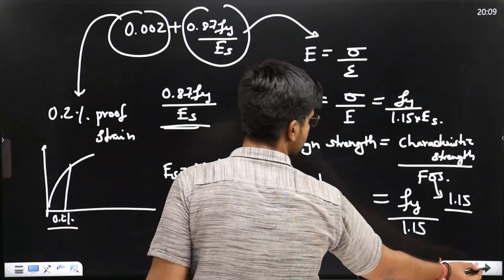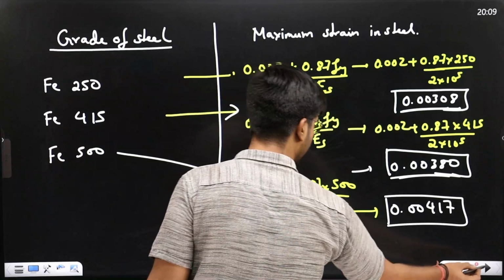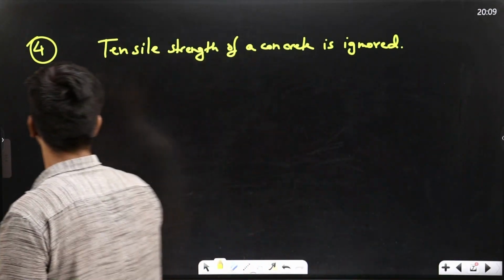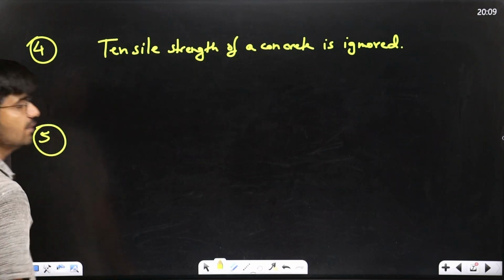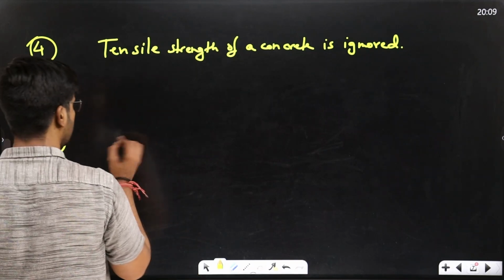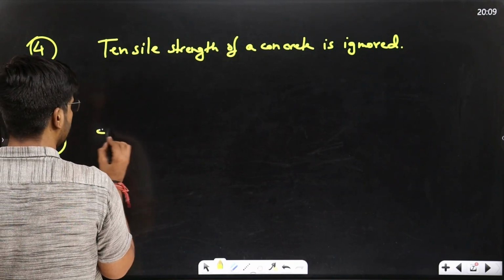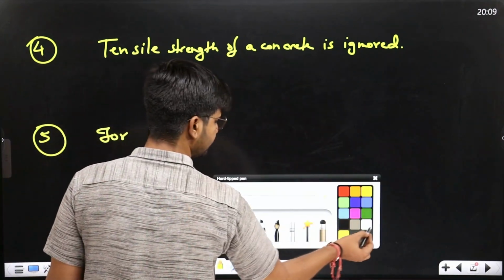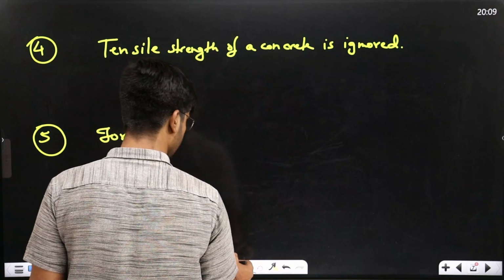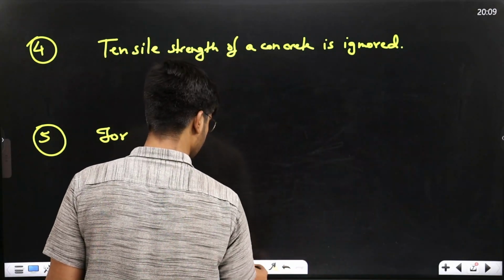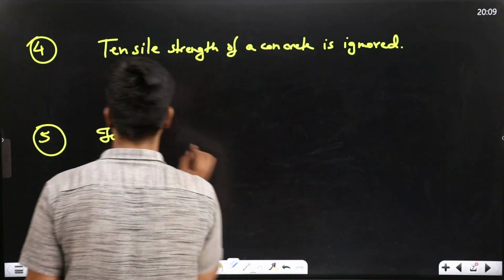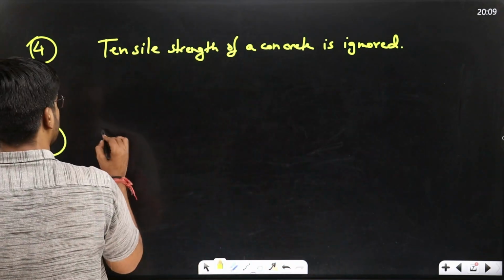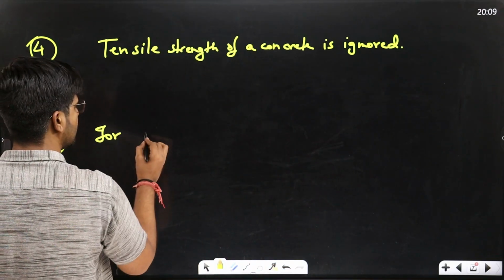Now, next thing, the fifth one. What is the fifth? The fifth is the design value for the stress strain curve.